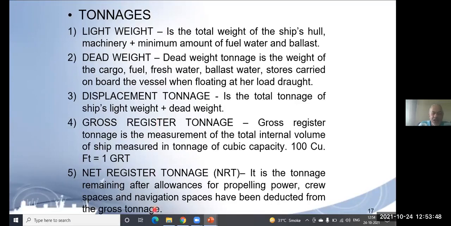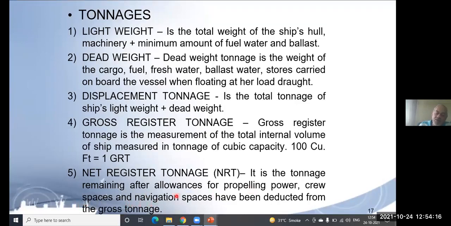Gross registered tonnage is the measurement of the total internal volume of the ship. And net registered tonnage is the tonnage remaining after allowances for propelling power, crew spaces, accommodation, and navigation spaces.